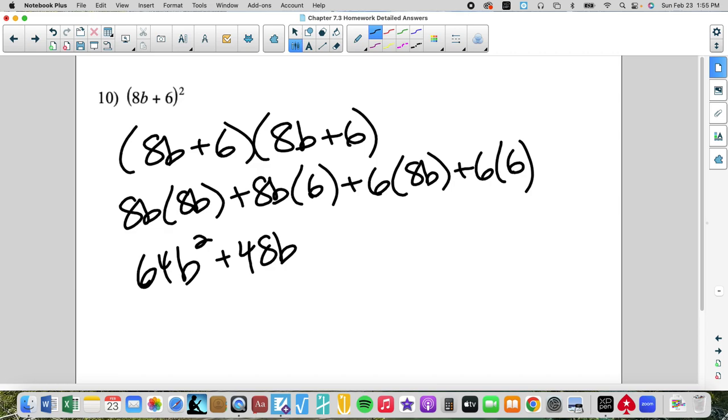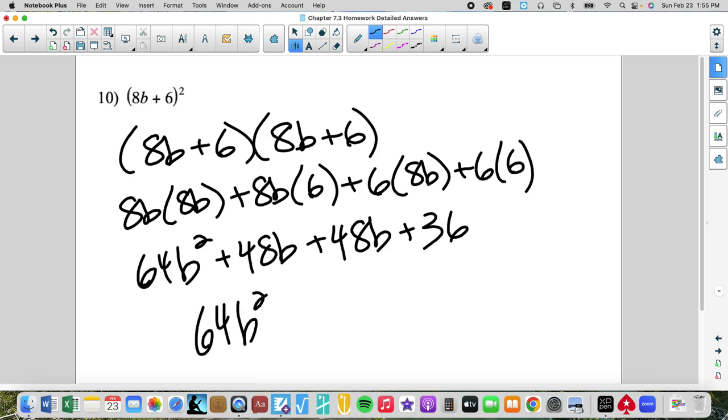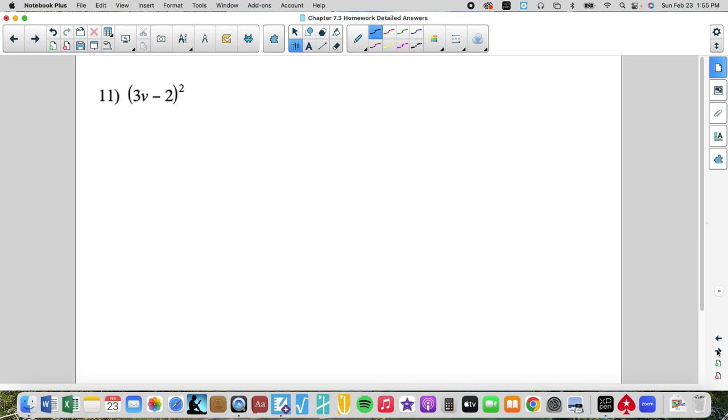And 6 times 8b is 48b. And 6 times 6 is 36. 64b squared, 48 and 48 is 96b, plus 36. All right, that's bigger numbers, but we got this.